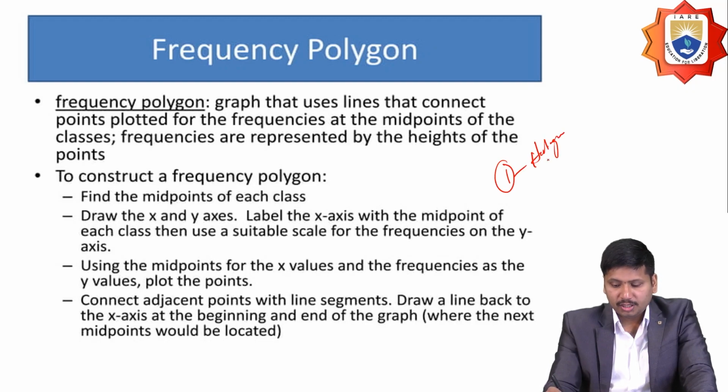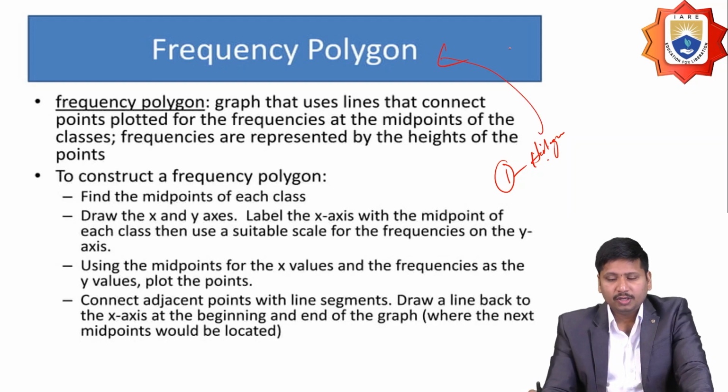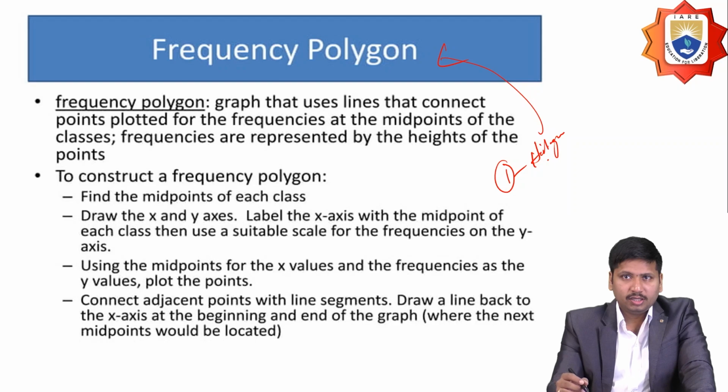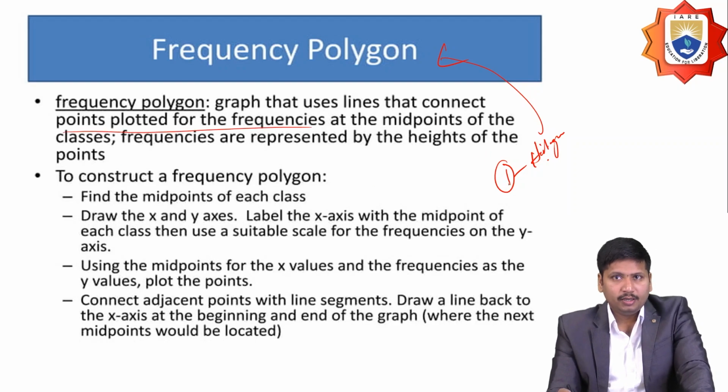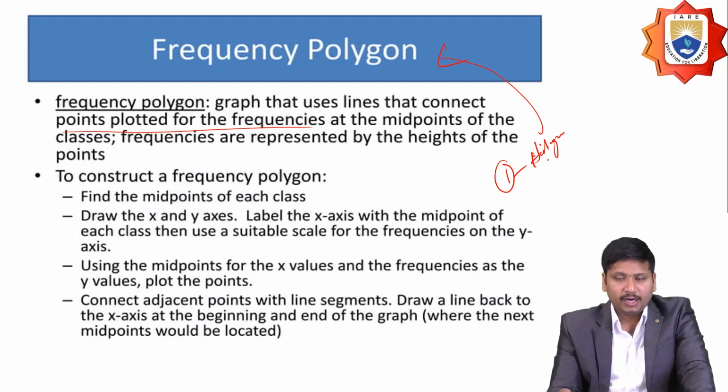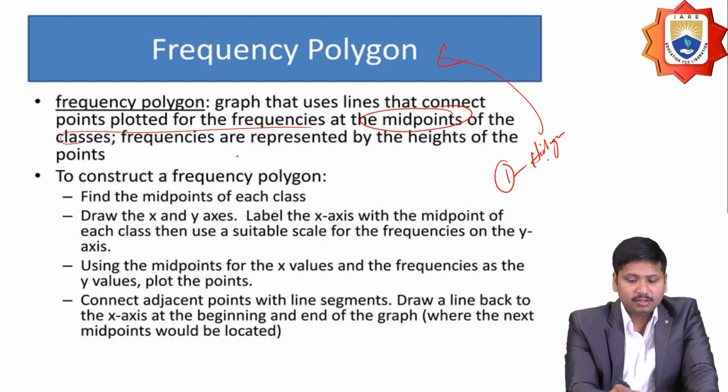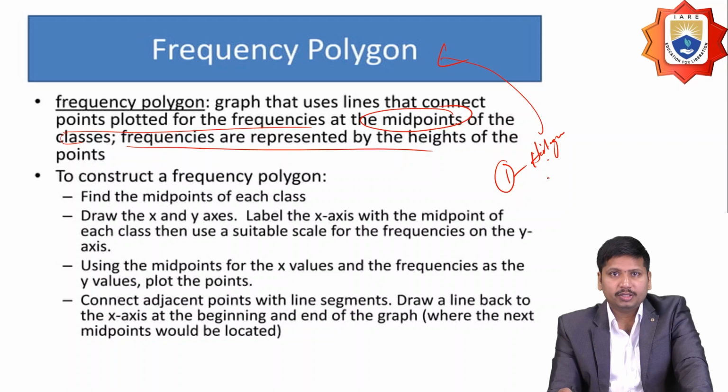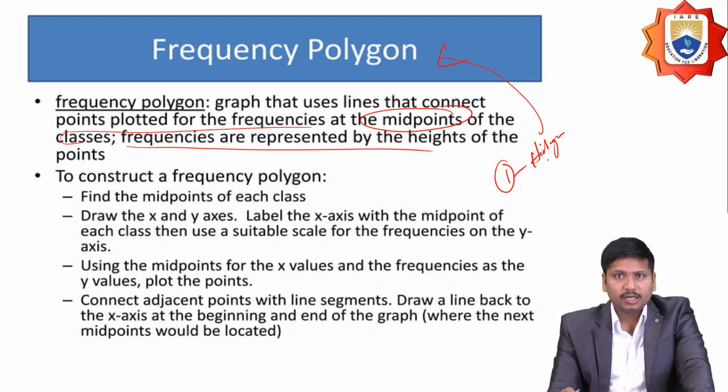Once the histogram is constructed, based on this I can construct the frequency polygon. So this is the graph which uses lines to connect the points plotted for the frequencies at the midpoints of the classes, and the frequencies are represented by the height of the points.